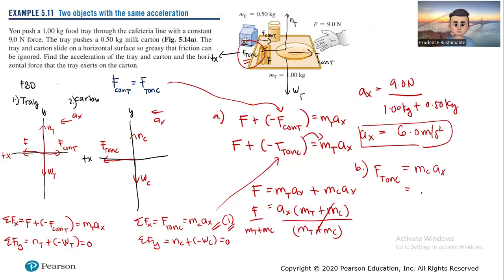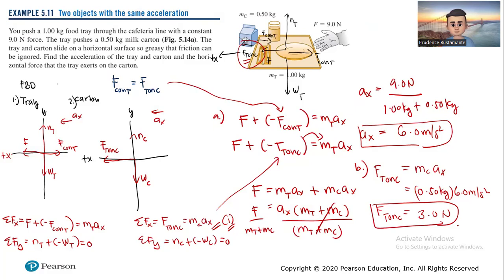So 0.50 kilogram times 6.0 meters per second squared, we have 3.0 Newton. This is our F T on C, the answer to letter B.